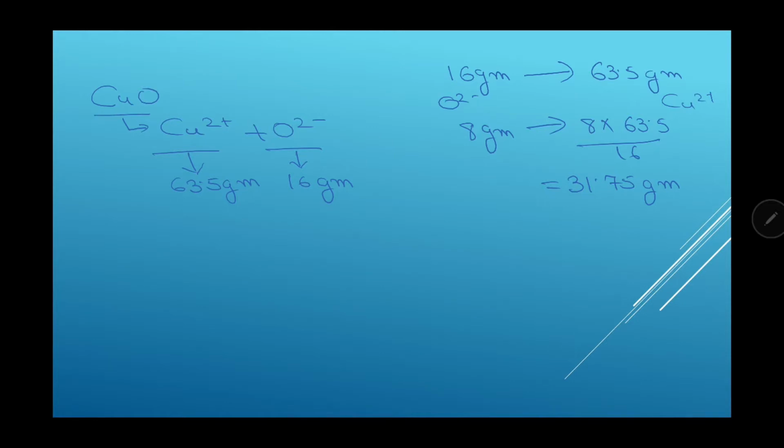So we write the equivalent mass of Cu2+ is 31.75 grams.